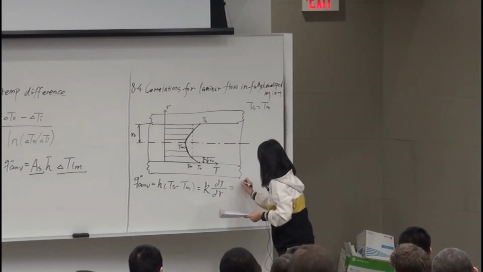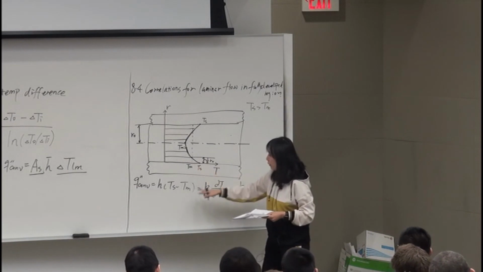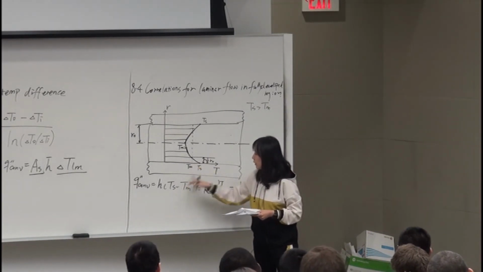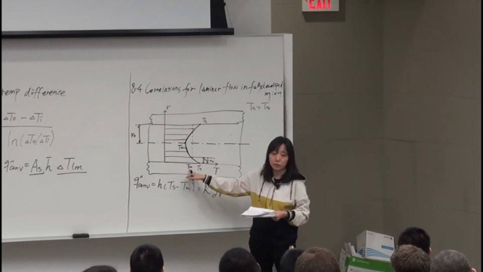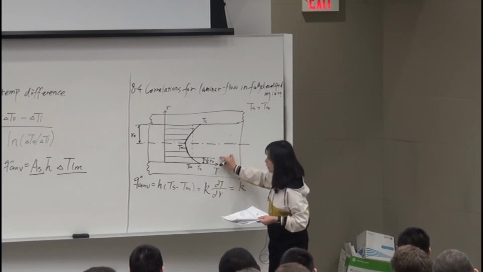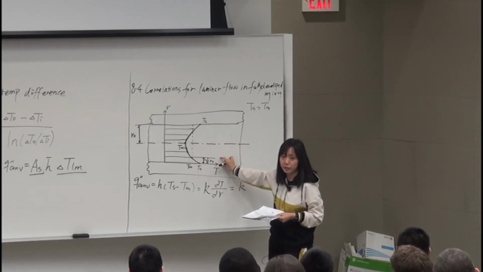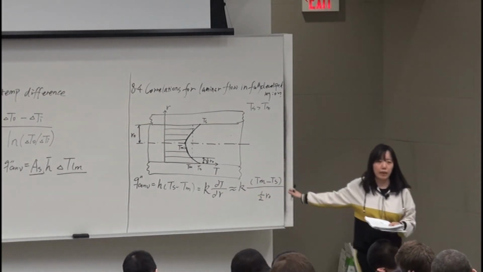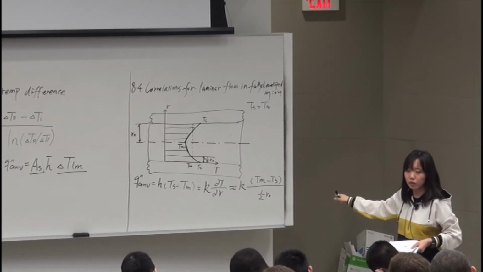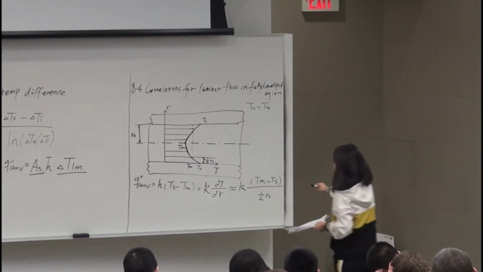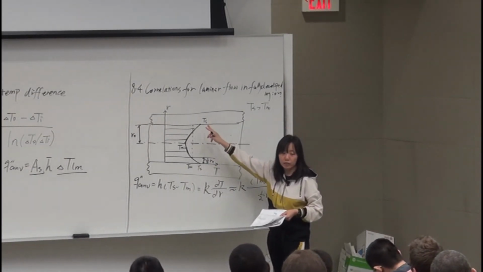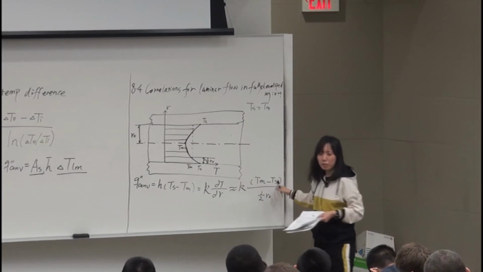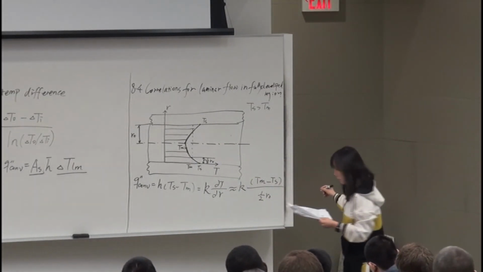In this way, we have k, and the temperature varies from surface temperature to its mean value. The distance is half the radius. By the first approximation, it's not exactly the same because the temperature profile is not parabolic, not linear. But more or less, let's do this approximation.